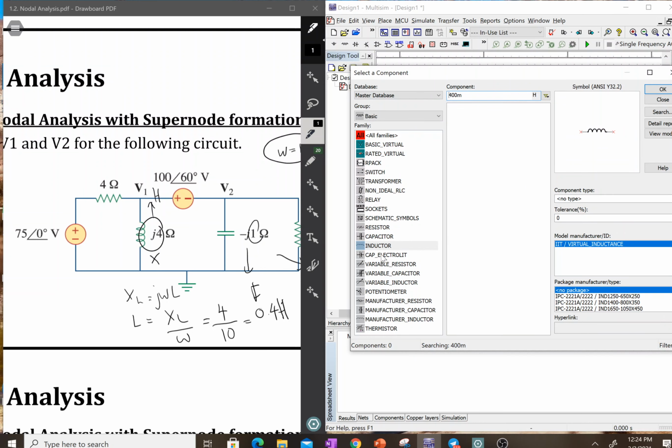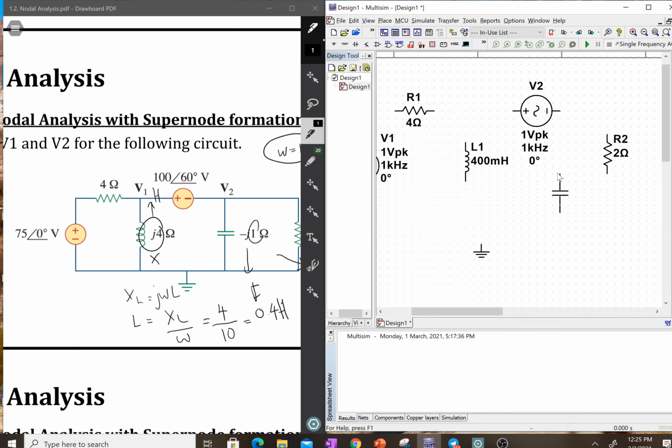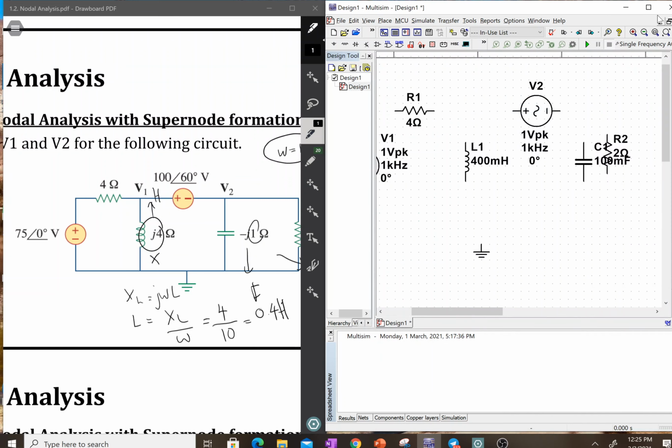And then next, we need a capacitor. So select this one. And the value of the capacitor is 0.1, so maybe you can either key in 0.1 or 100 milli. Okay, so place it here.